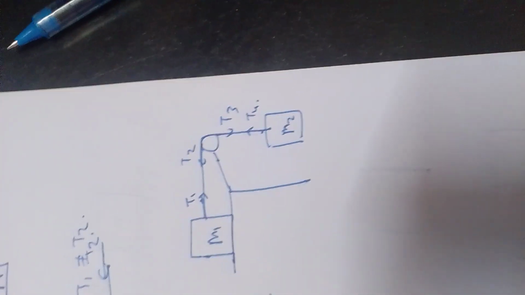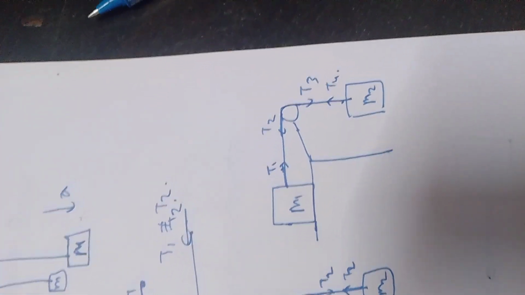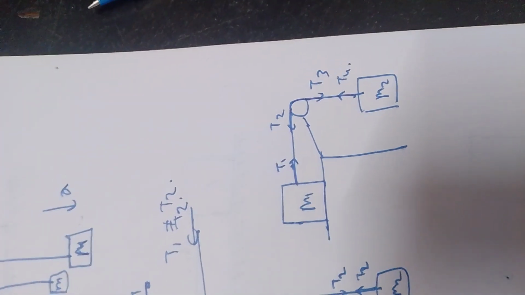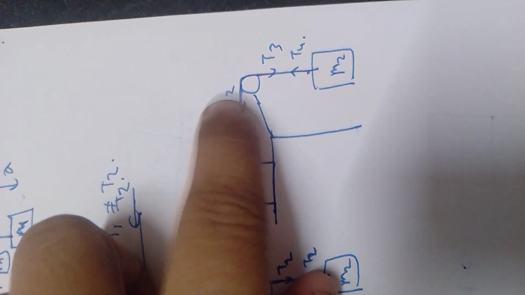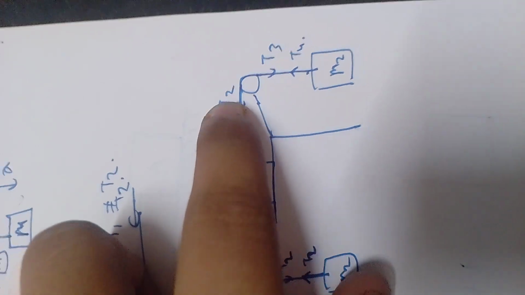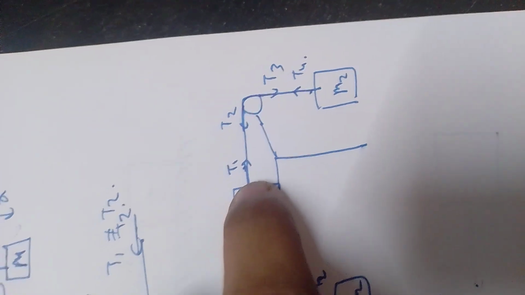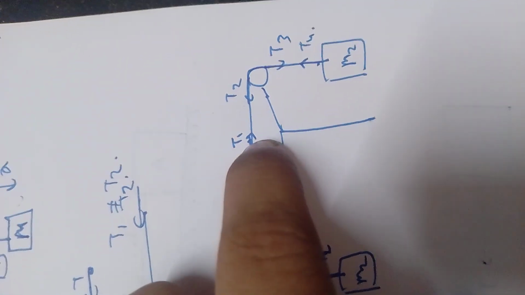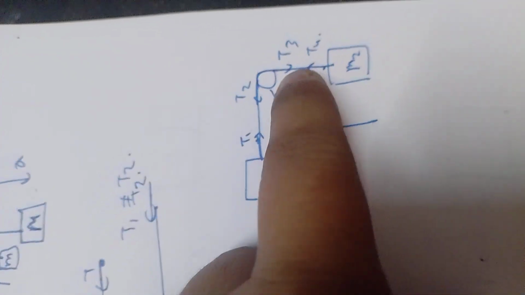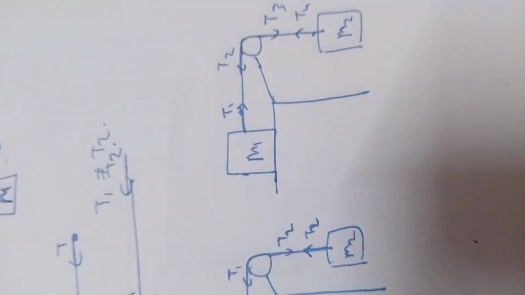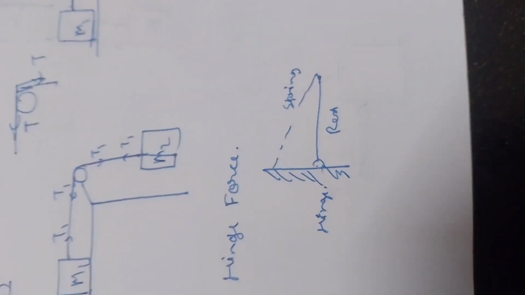Next, but not the last, case: the string and pulley are not massless and there is friction between pulley and string, so the tension across this portion of the pulley and this portion is different, and as the string is not massless, it has mass, so there are different tensions in this portion, T1 and T2, and in the other portion, T3 and T4.